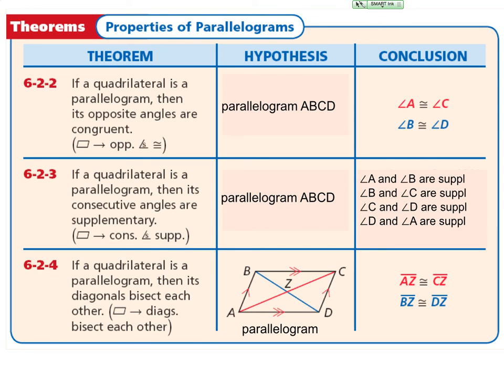Okay, 6.2.3: If a quadrilateral is a parallelogram, then its consecutive angles are supplementary. So that would be one corner and then the very next corner. They add up to 180 degrees, and so on as you go around the shape.